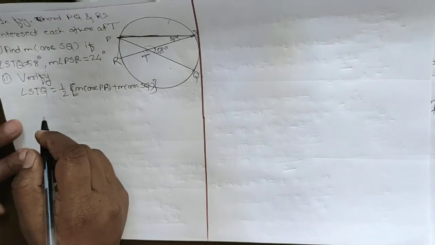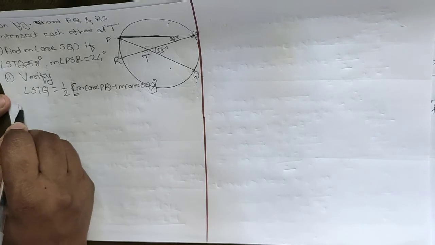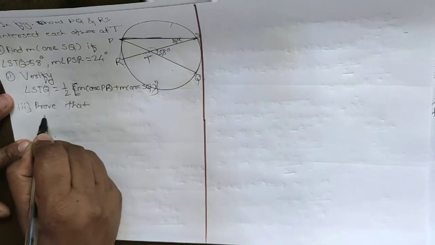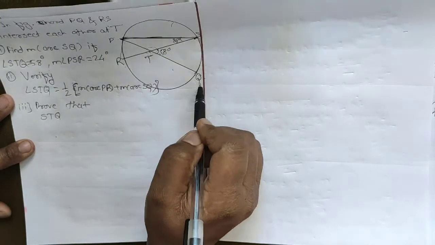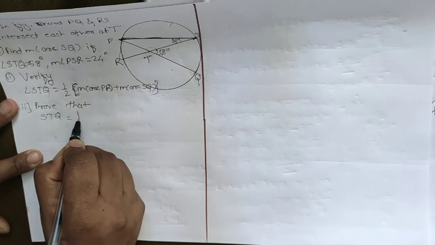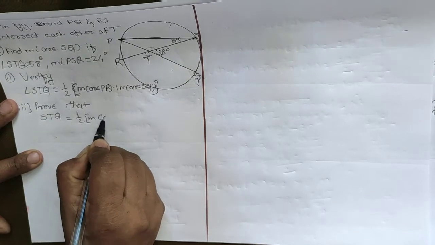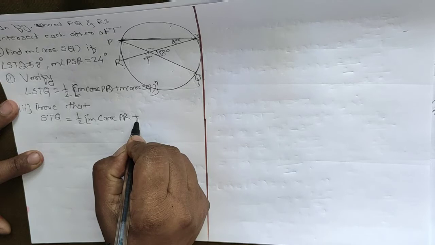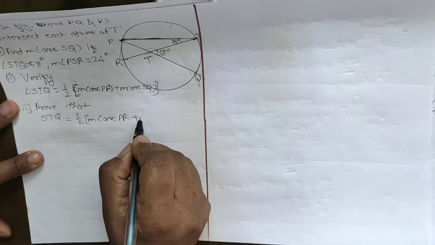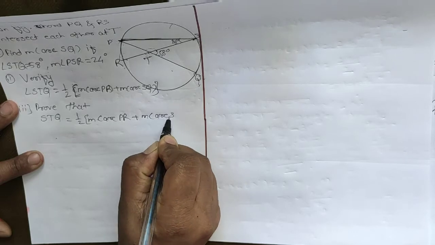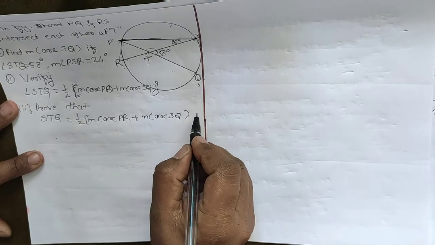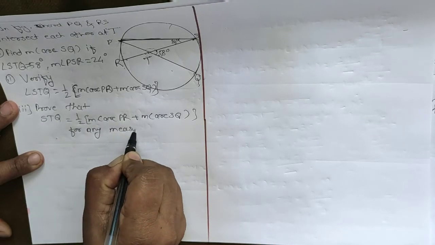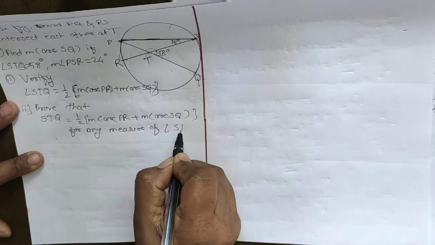The next, third, what we have to prove is that this angle STQ is equal to 1/2 the measure of arc PR plus the measure of arc SQ, for any measure of angle STQ.